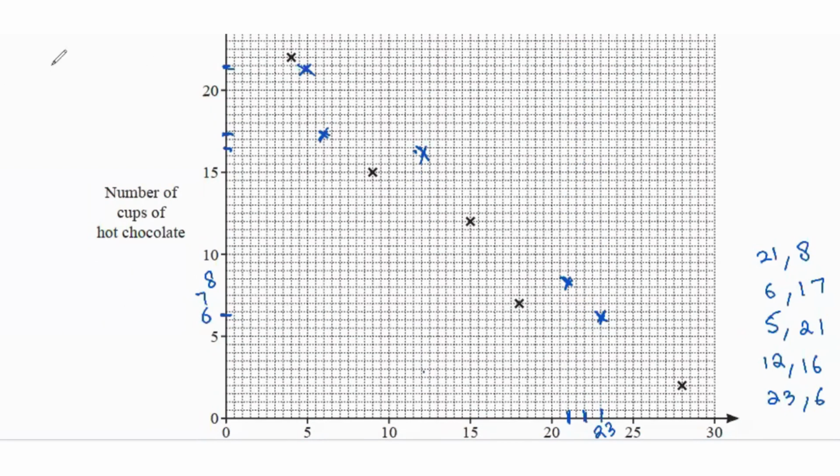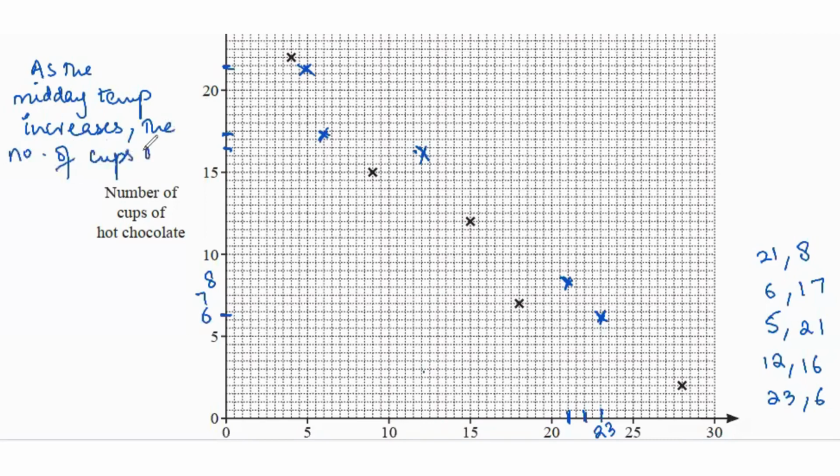So as the midday temperature increases, the number of cups of hot chocolate decreases.